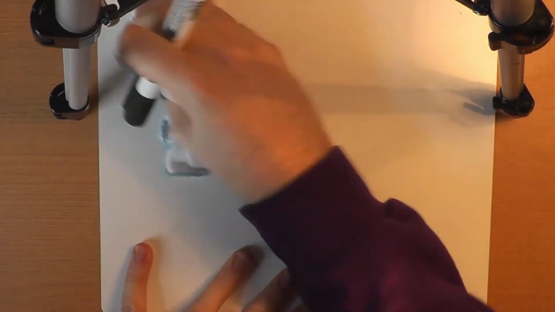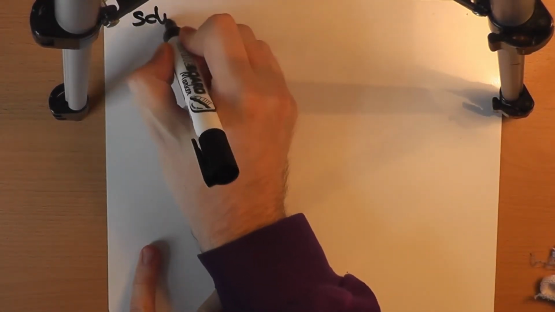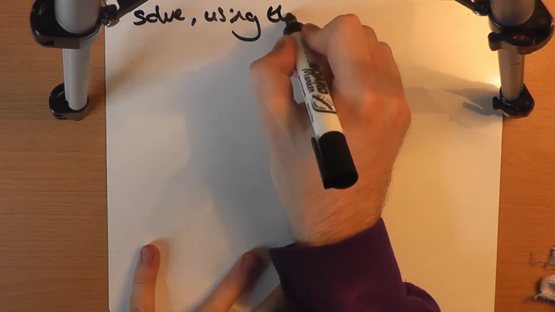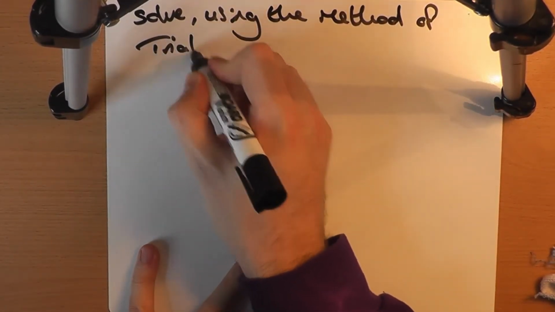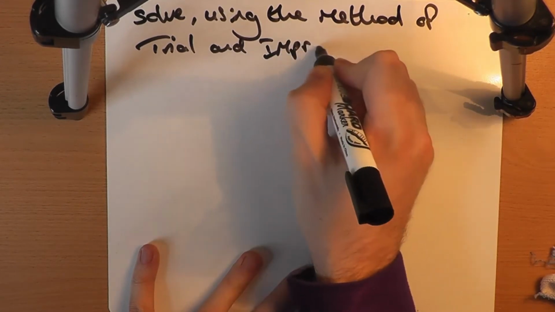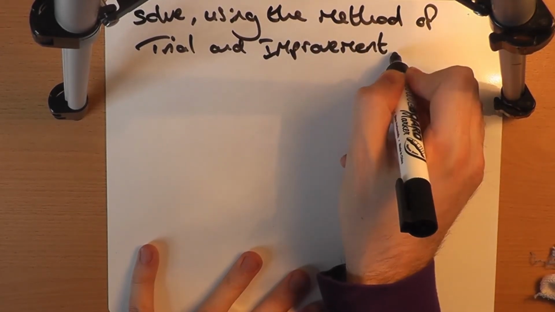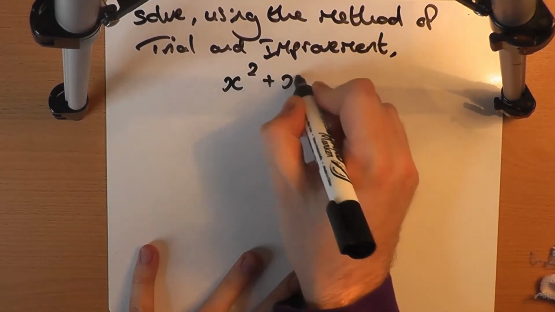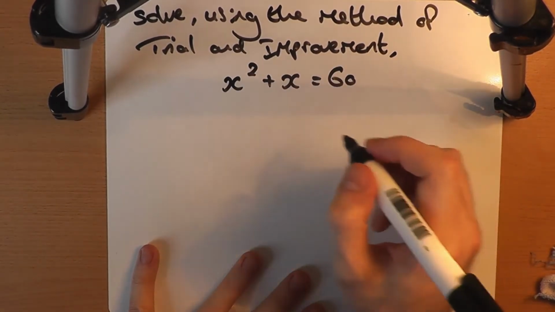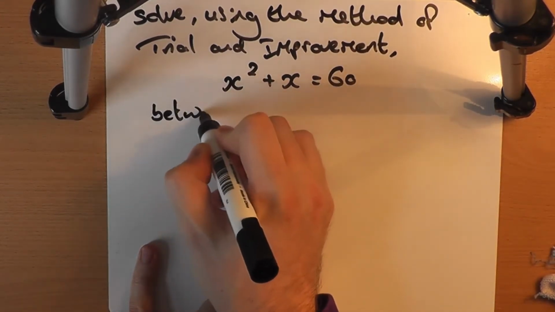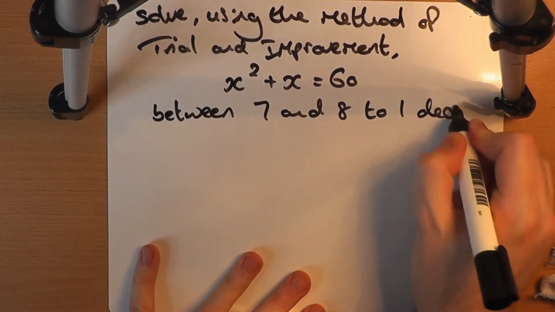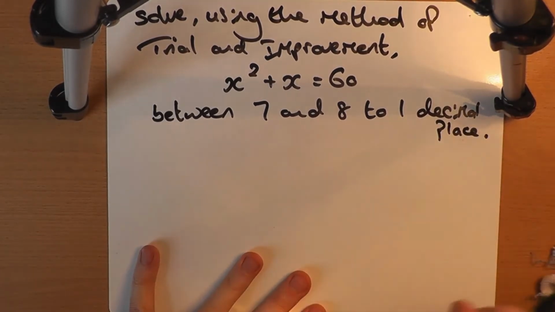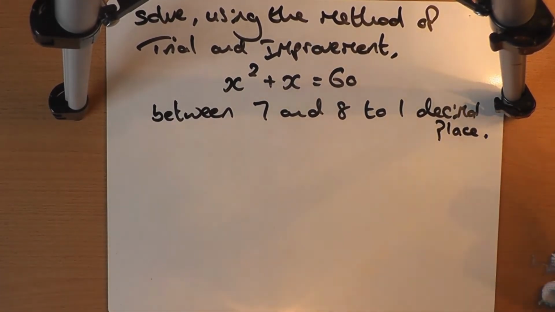The question would say, solve using the method of trial and improvement x squared plus x equals 60 between 7 and 8 to 1 decimal place.